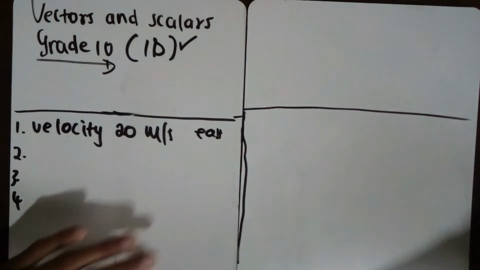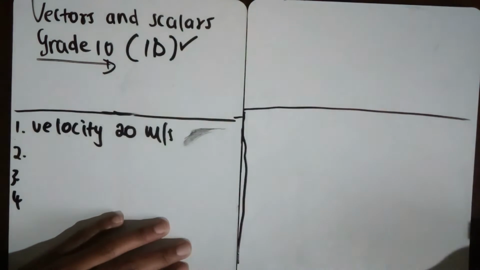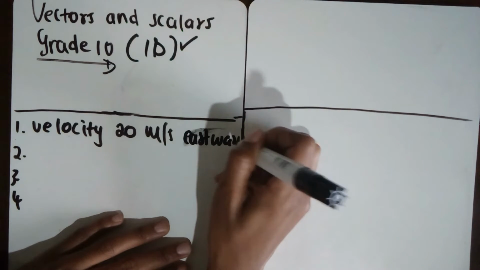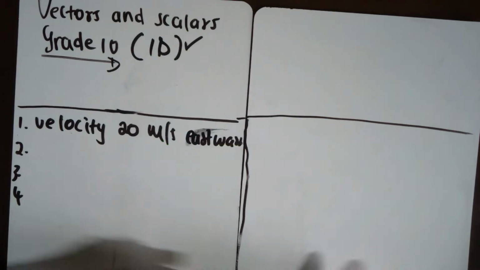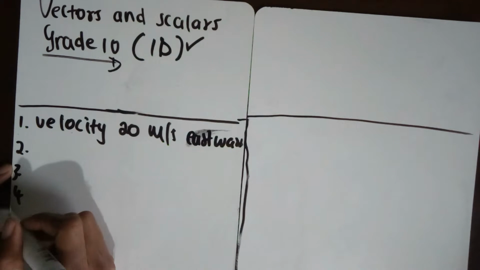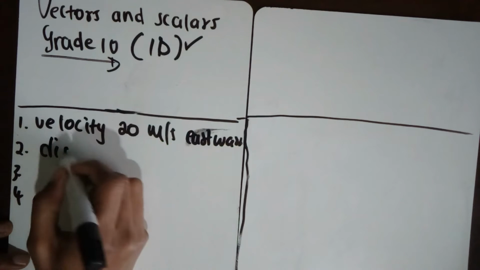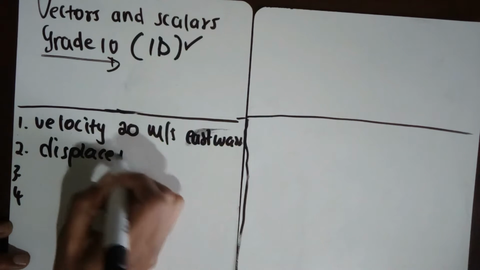And then the second statement maybe says that a box was displaced 50 meters west.